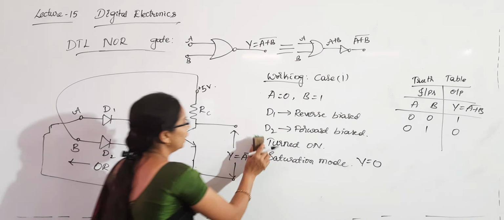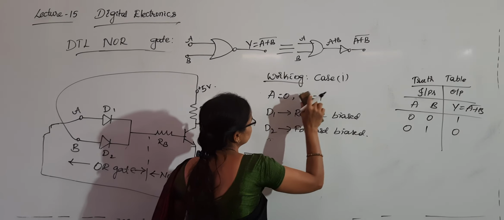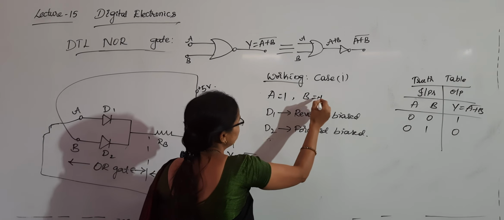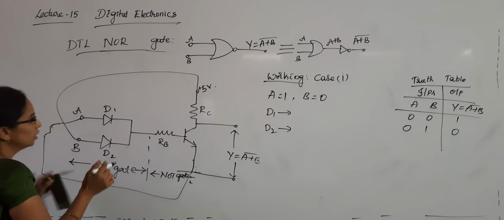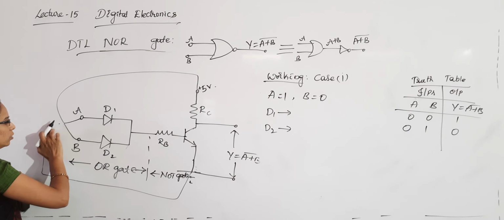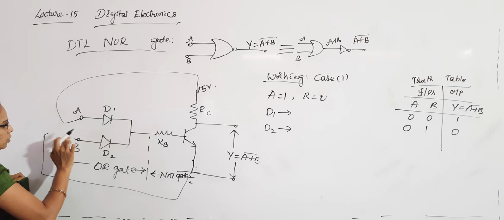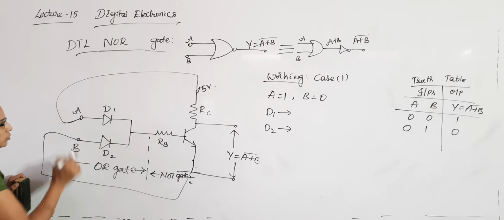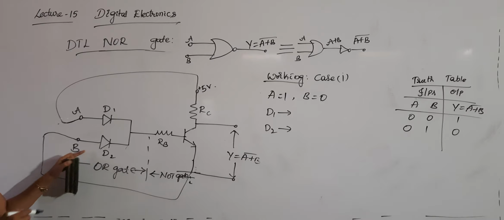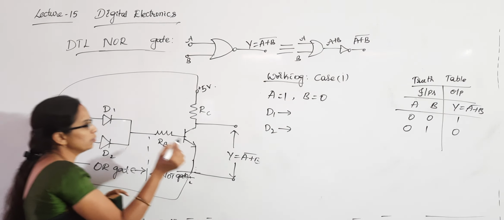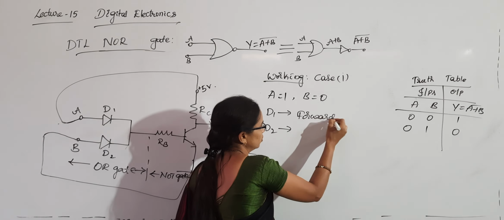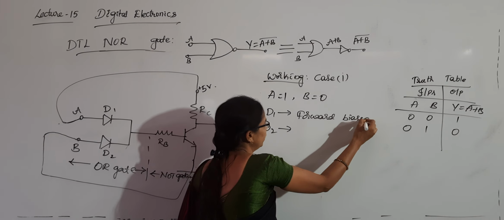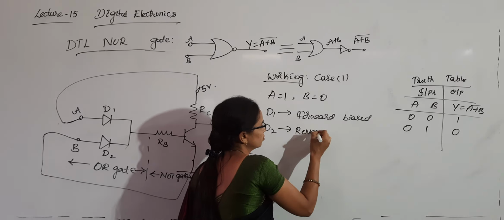Okay, and the next case, when A is equal to 1 and B is equal to 0, the reverse of this. A is forward biased, that means D1 is forward biased, and D2 is reverse biased.